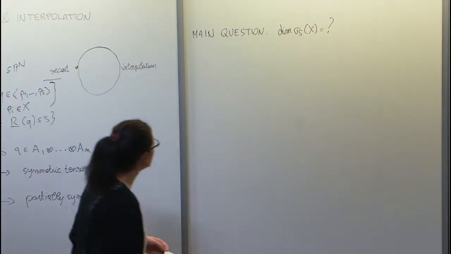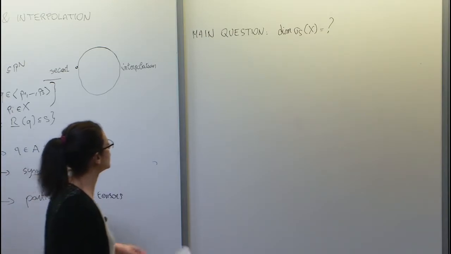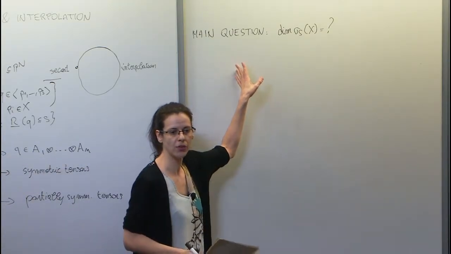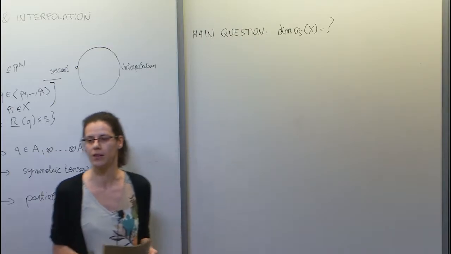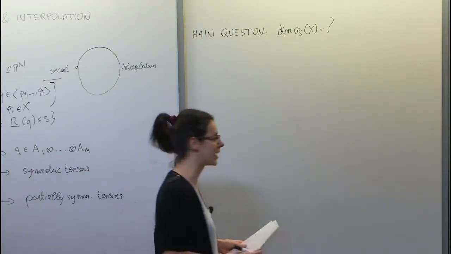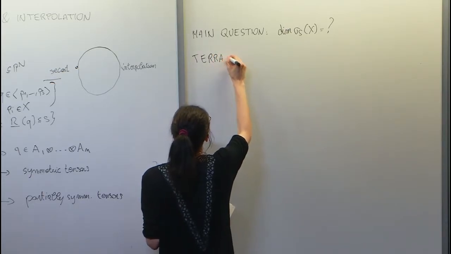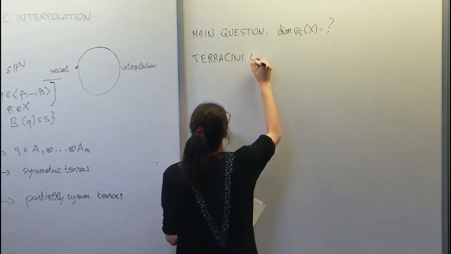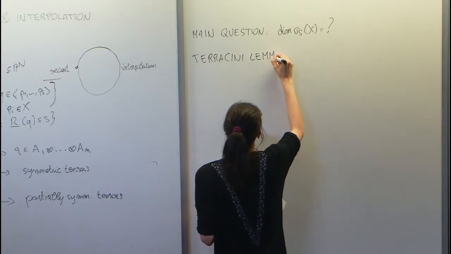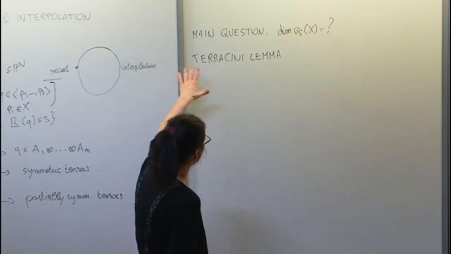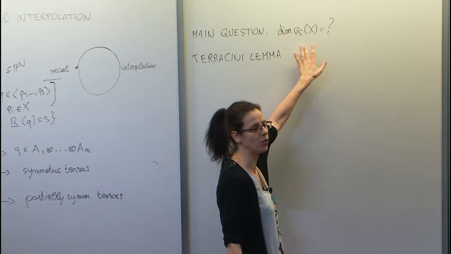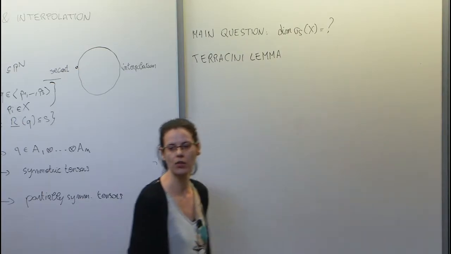What is the main tool that one uses in order to try and answer this kind of question? This has been discussed already in the tutorials on Monday morning. It's Terracini's lemma. As I promised, I'm now translating this problem into an interpolation problem using Terracini's lemma.